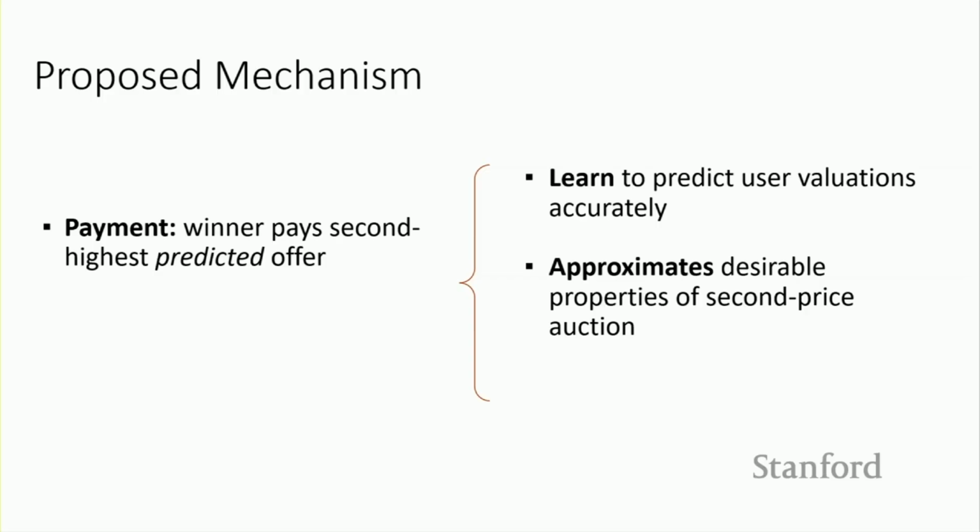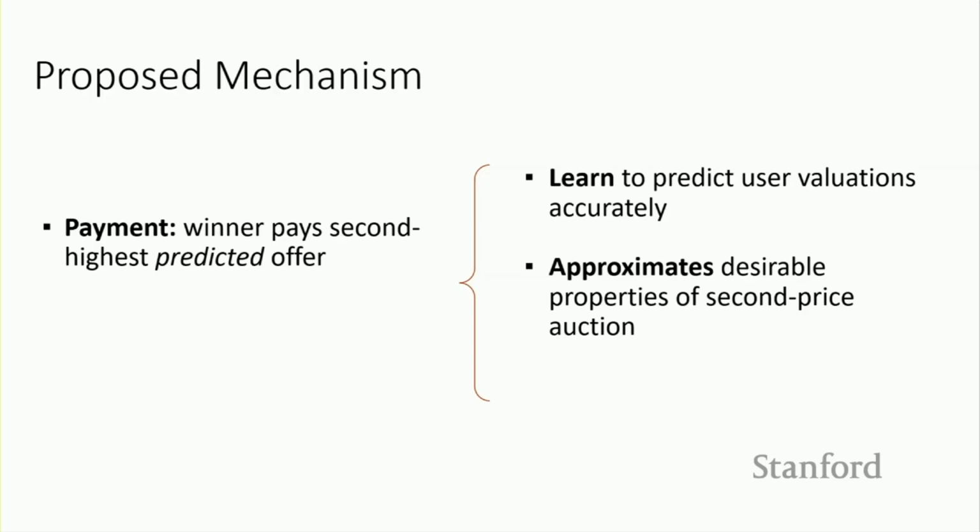So there's an initial learning stage, and the claim is that once you've seen enough examples in this setting, you should be able to predict the values well enough that if I use the second price offer for pricing, I will satisfy all the properties that I want, which are, again, high revenue and incentive compatibility.